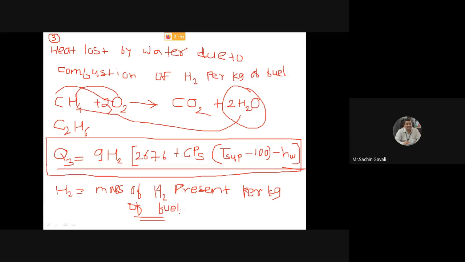Okay. Everybody understand this loss? The only thing is that instead of mw, we are writing here 9H2, and H2 is the mass of H2 present per kg of fuel. So 9H2 into bracket 2676 plus Cps into bracket T superheat minus 100 minus hw.